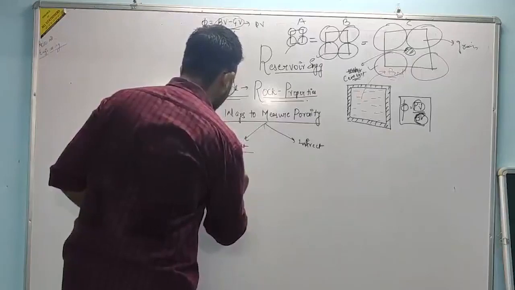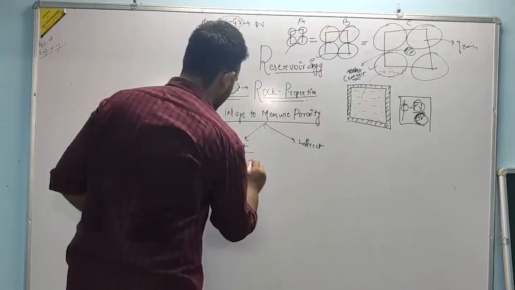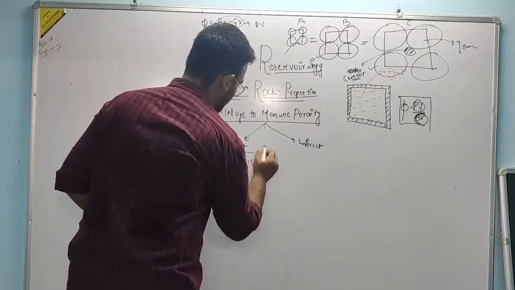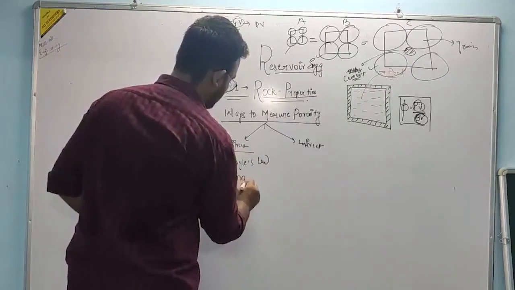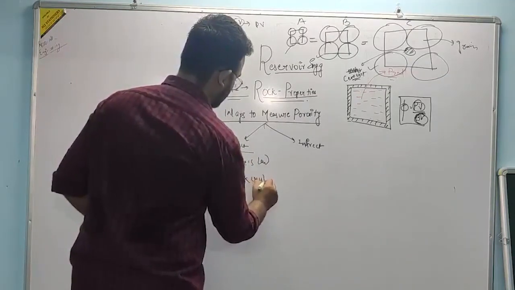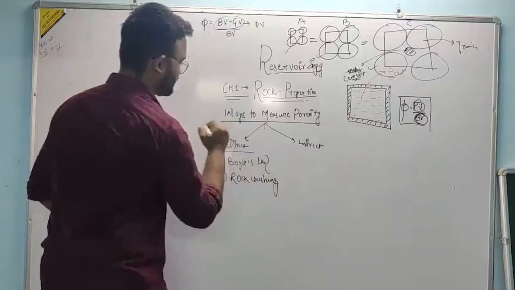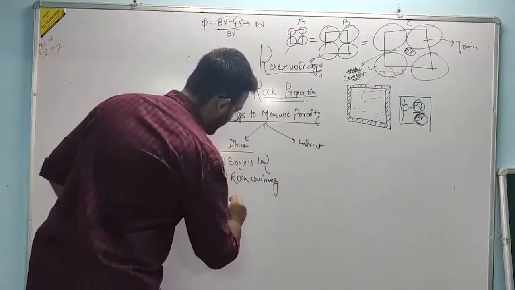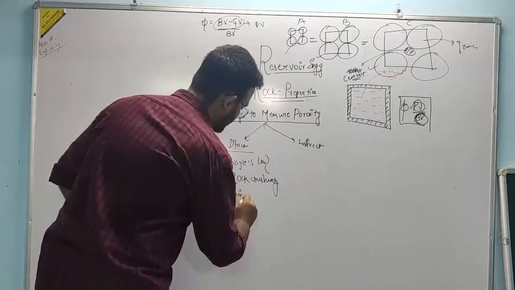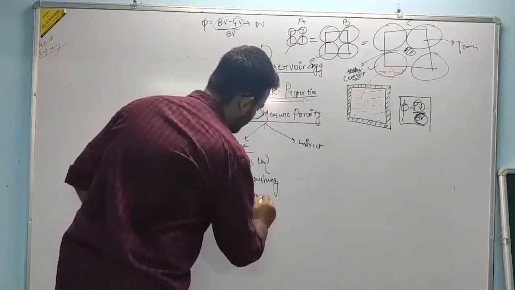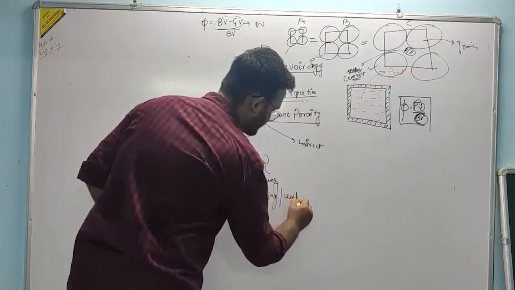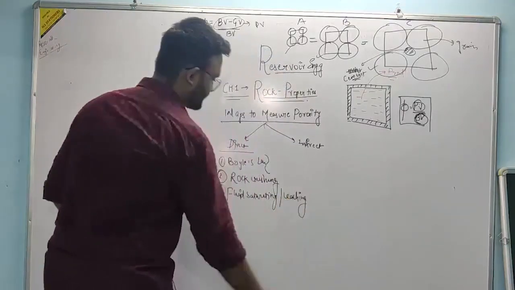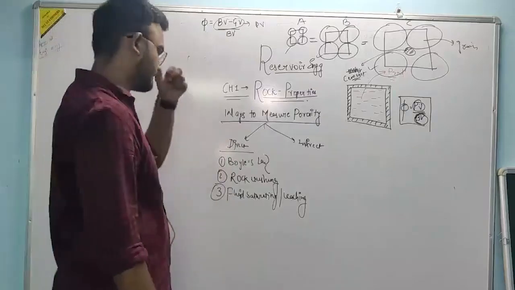There is a Boyle's law principle. I'll cover that later. Not in today's agenda. There is rock crushing. There is fluid saturation. Fluid saturating. They also call it leaching method, right? So these are the things that come to my mind.